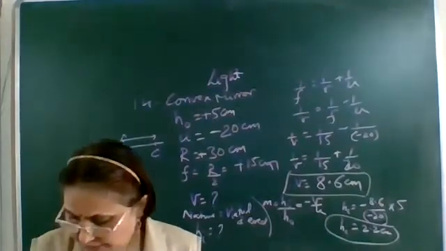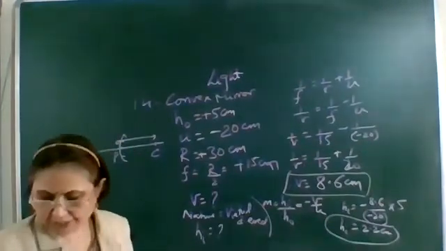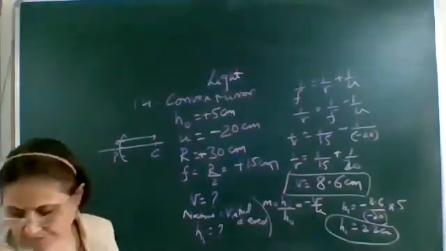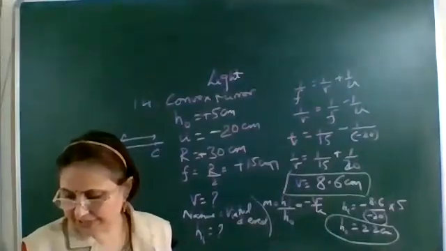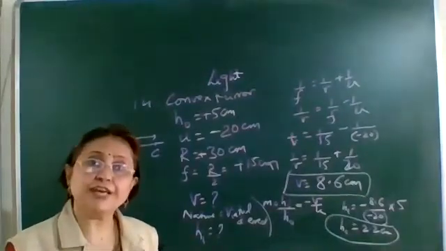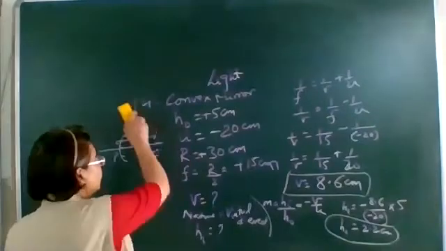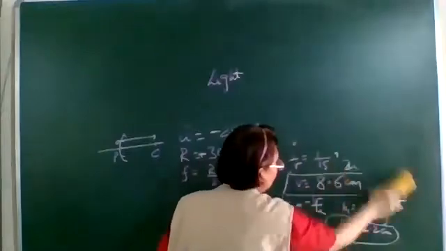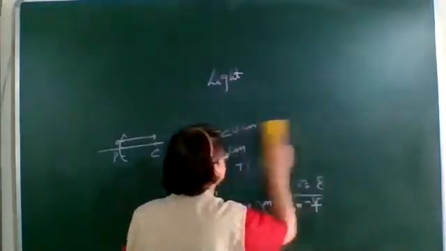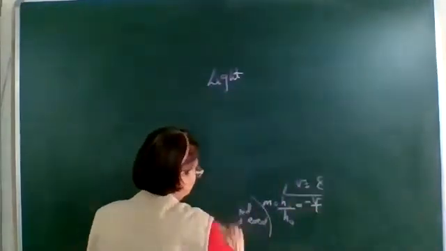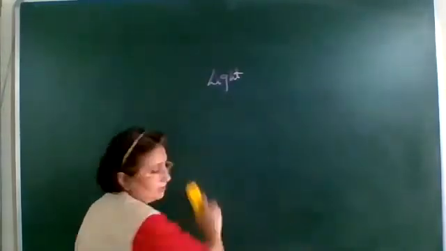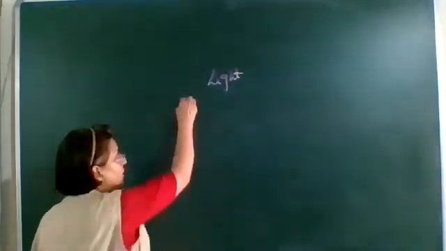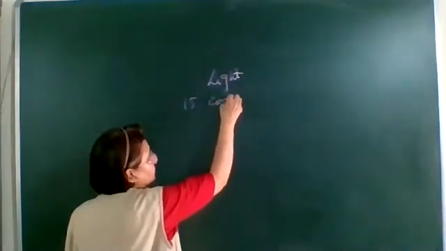Question number 15. An object of size 7 centimeters is placed at 27 centimeters in front of a concave mirror. So first we will write down which mirror it is: concave mirror.